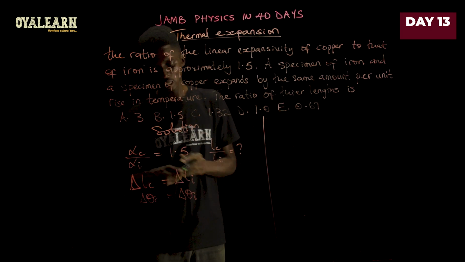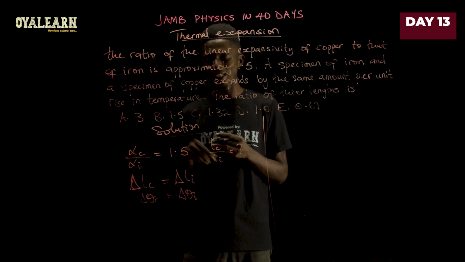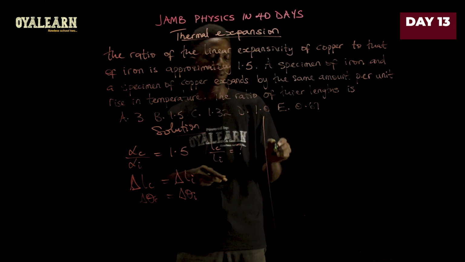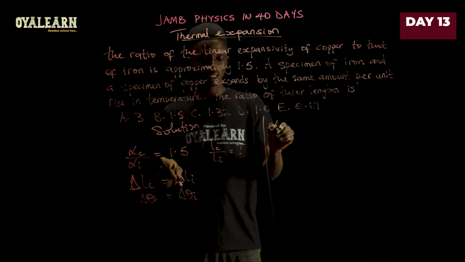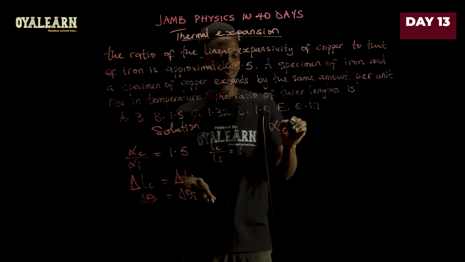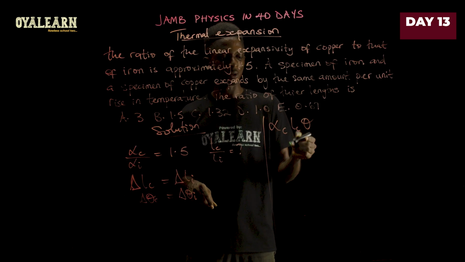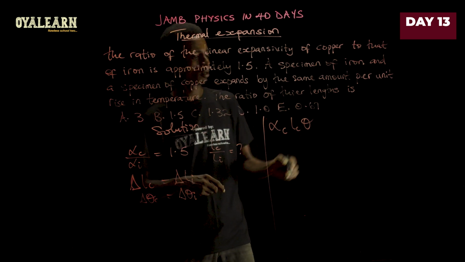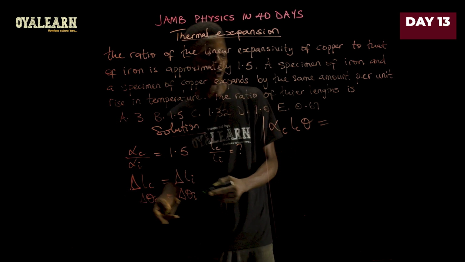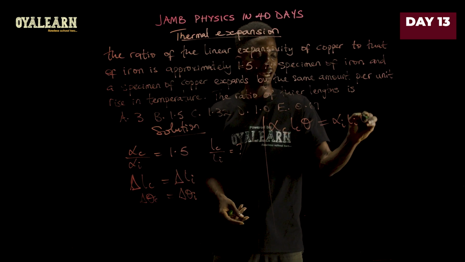So from this, we can then go on to use change in length as the subject of formula in each case. Now, what that will imply is that the linear expansivity of copper multiplied by the original length of copper multiplied by the change in temperature, let's just use theta since it's the same, should equal the same case for iron. So that would be alpha I, L of I, and then theta.